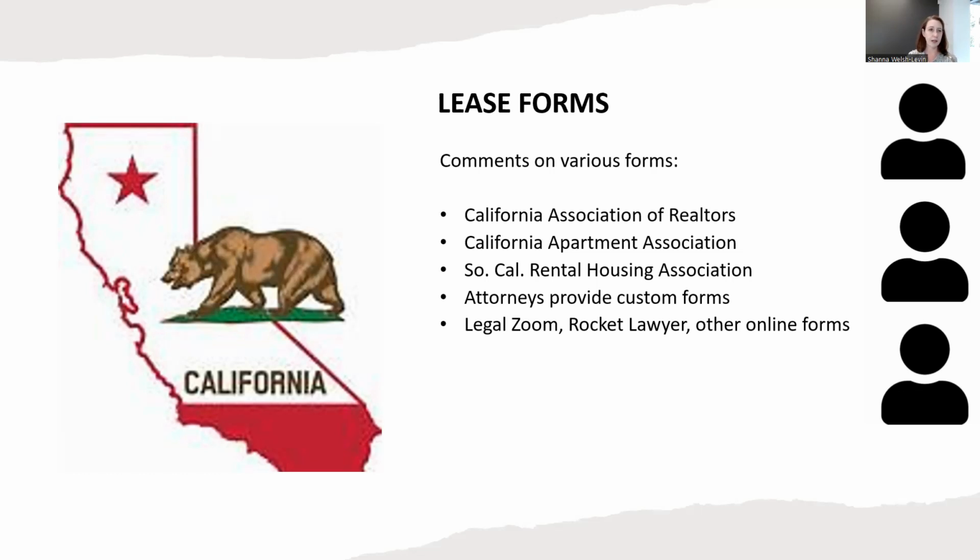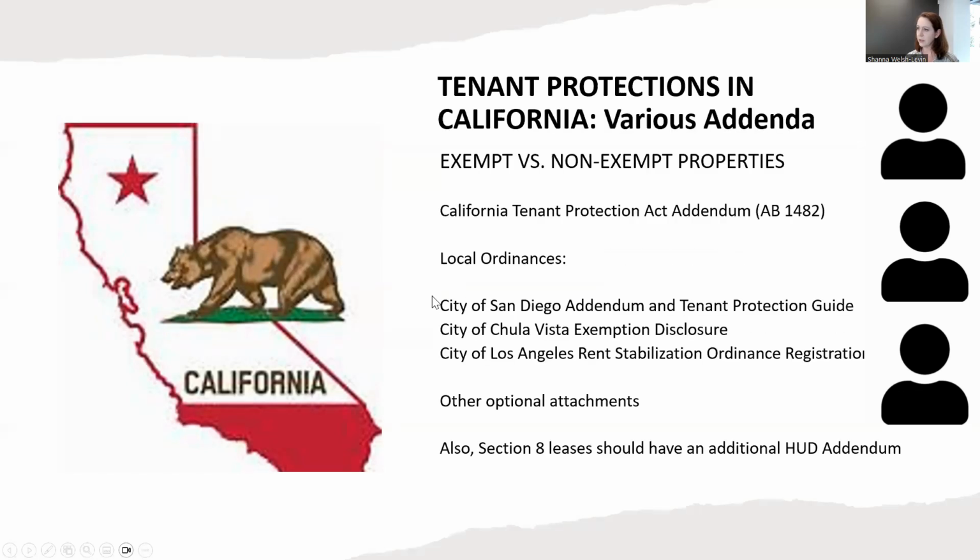So we've got lots of options for our clients, and we make sure that it's a fully current form. I do not recommend using LegalZoom, Rocket Lawyer, or other online forms. They're usually much shorter than the forms that we use. They usually don't have all of the compliance requirements for California.